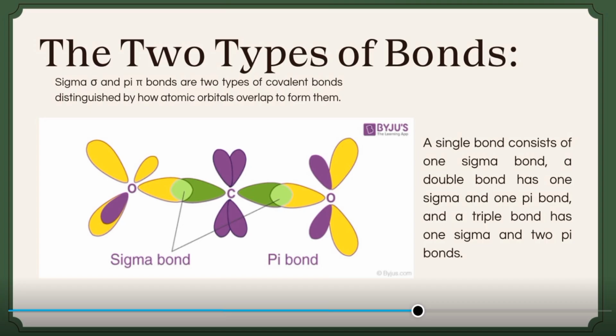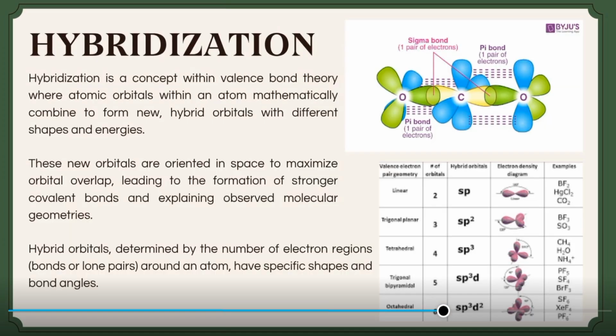Sigma and pi bonds are two types of covalent bonds distinguished by how atomic orbitals overlap to form them. A single bond consists of one sigma bond. A double bond has one sigma and one pi bond. And a triple bond has one sigma and two pi bonds.